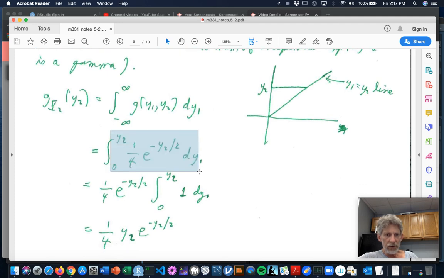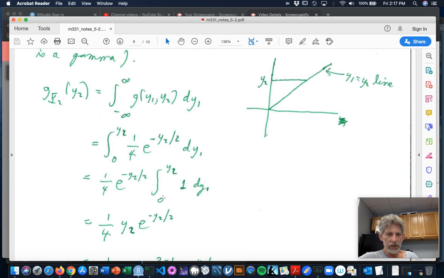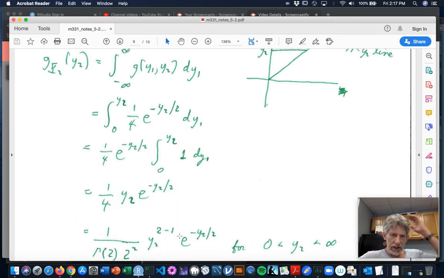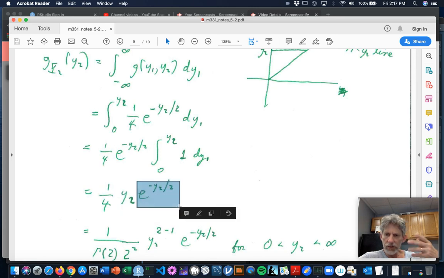And so you look at this integral, and it's an integral with respect to y1, so actually all that mess in there is a constant. I can just factor it out. And you're integrating 1 from 0 to y2, which is just the area of a rectangle whose base is y2 long and whose height is 1. And so its area is just y2. So stick that y2 in a nice place and stare at it, and you realize, power of variable times e to the minus the variable, that's like a gamma.